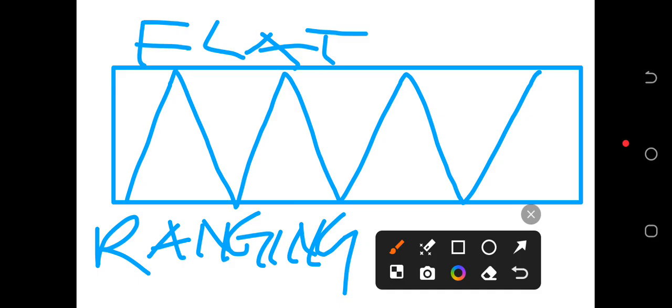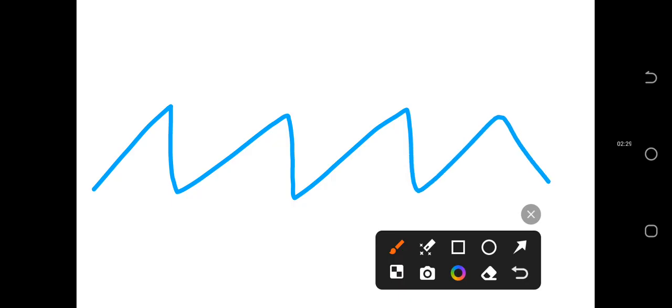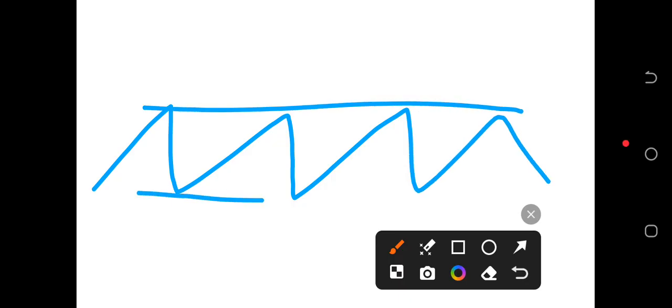The market is moving within a specific area. There is no clear direction. When there is no clear direction, it is a ranging market.